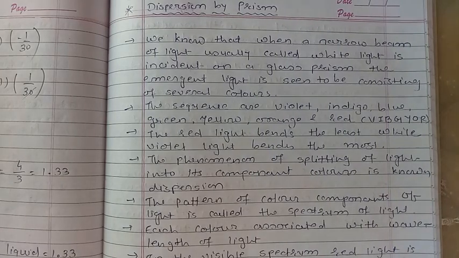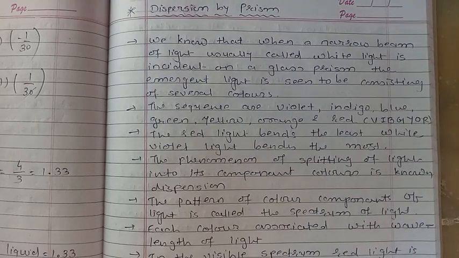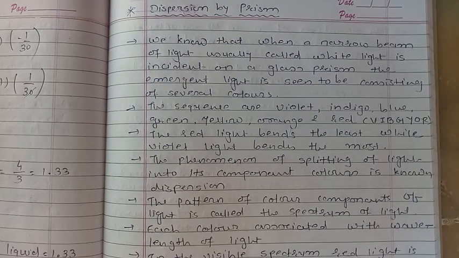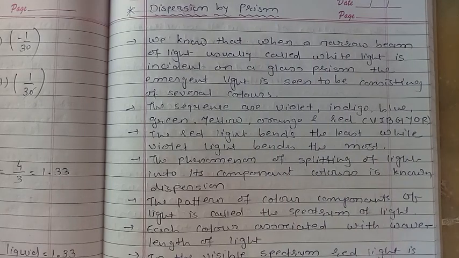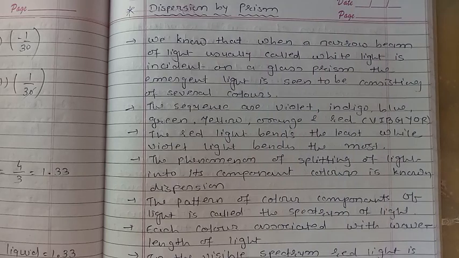Friends, we already know that when a narrow beam of sunlight, which we see as white light, is incident on a glass prism, the emergent light is seen to consist of several colors, because of the dispersion.